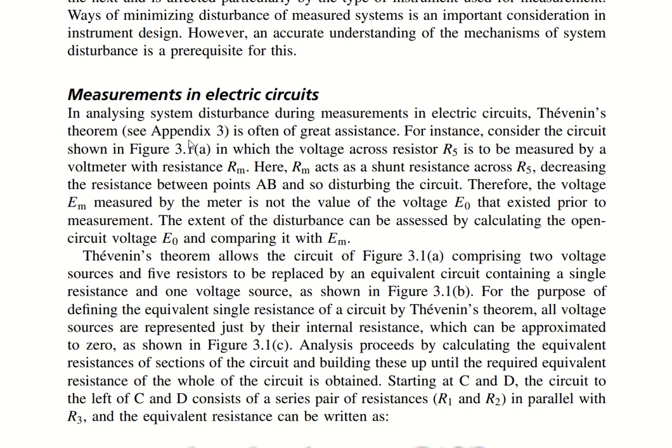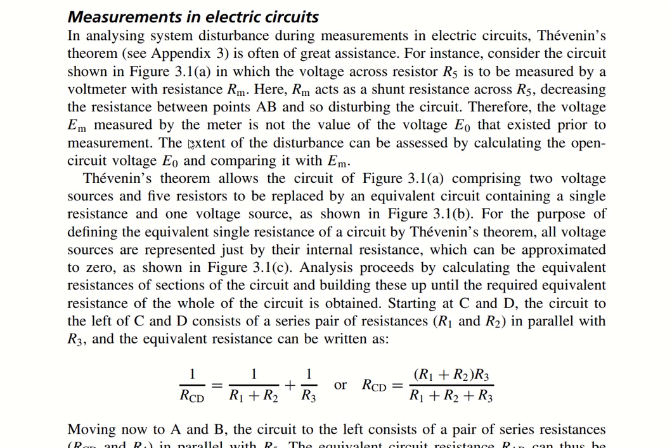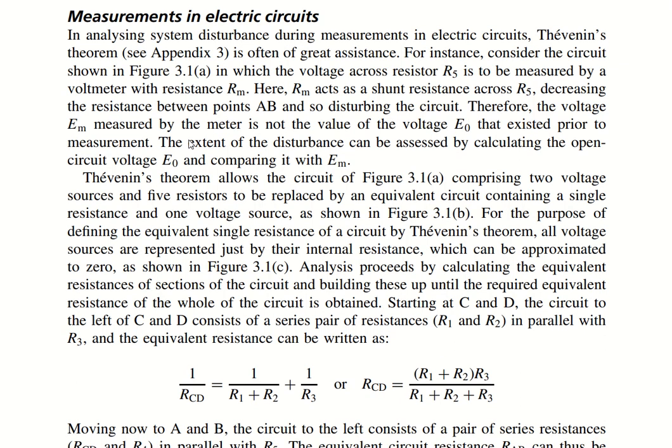Then we have the instrument in electrical circuit. In analysis of system disturbance during measurement in electrical circuits, we have the Thevenin theorem and Norton theorem. For this case, let's take Thevenin theorem, which is often a great assistance for understanding measurement errors in electrical circuits. For instance, consider the circuit shown here.